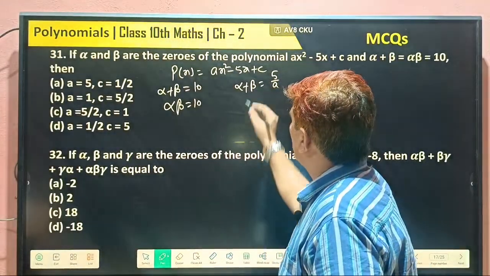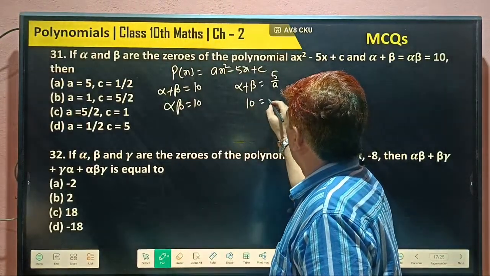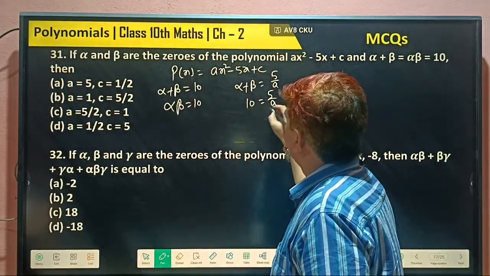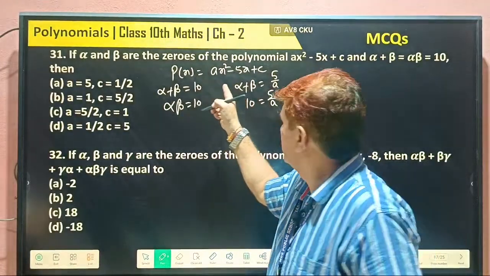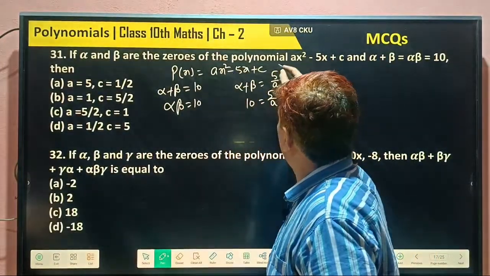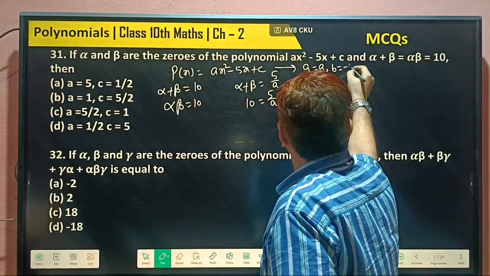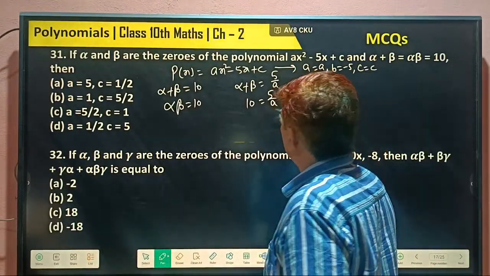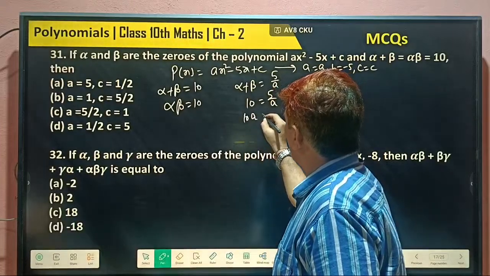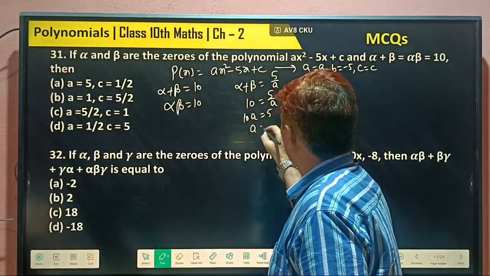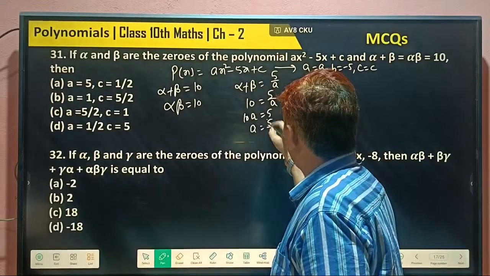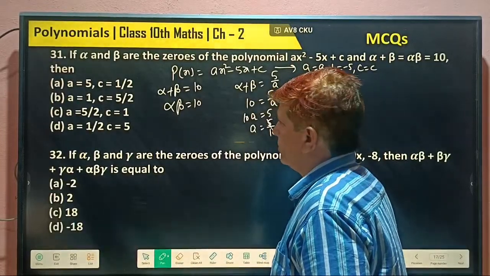Alpha plus beta is 10, so 10 is equal to 5 by a. Here a is a, b is minus 5 and c is c. So 10a equals 5 and a equals 5 by 10, which is 1 by 2.